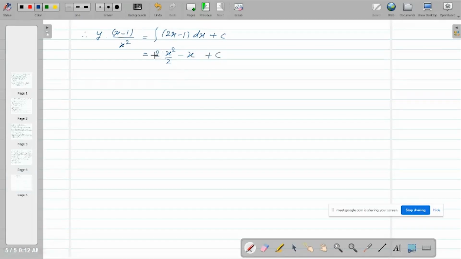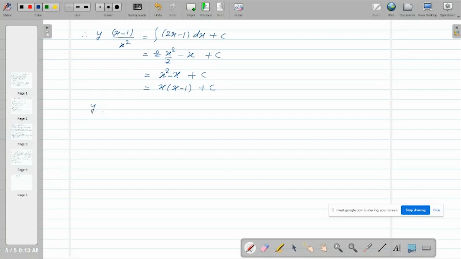Okay, now this 2 and this 2 will cancel, so this becomes x square minus x, and plus c. Now I am taking common here, what is the common here? X is common, so this becomes x minus 1 and plus c. Now I am dividing by this factor on both sides. So what is remaining here?